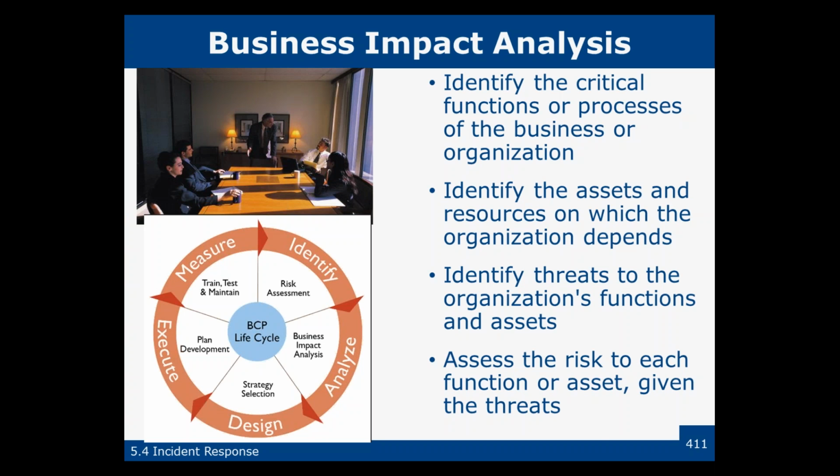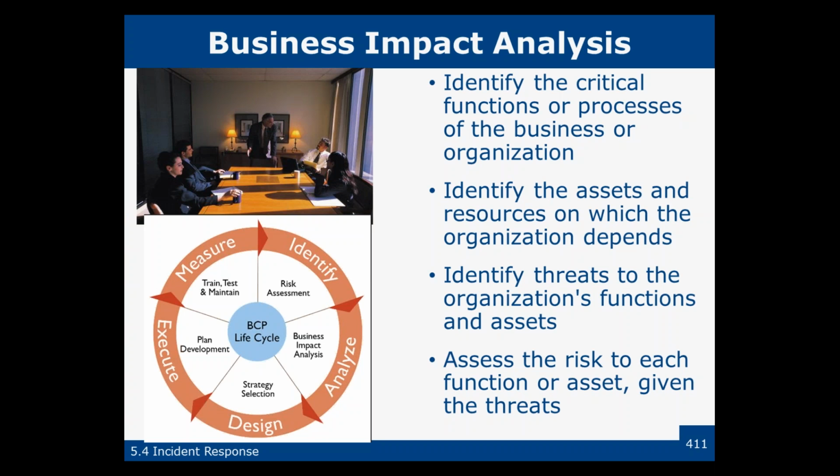What we're trying to do here is to identify what we're trying to protect. And if there is a disaster, what order do things need to be restored in? Identify threats to the organization's functions and assets. So these are all things that go into this critical document. And then the last one, assess the risk to each function or asset given the threats.